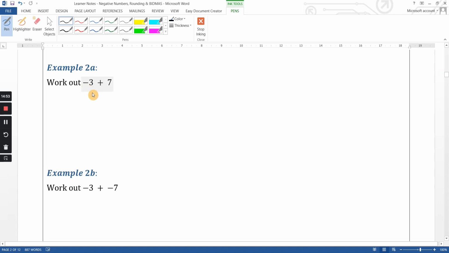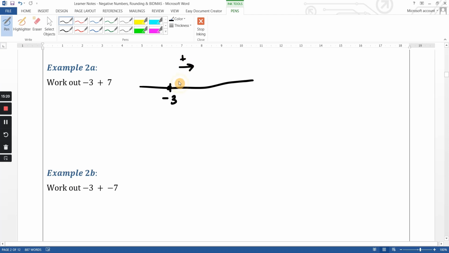minus 3 plus 7. I usually do it in my head, but for the purposes of showing you guys, let's say that's our number line, bit of a wonky line, and you're on -3, you're here. So you're going to do +7, so you're going to add 7. Adding makes it go this way.